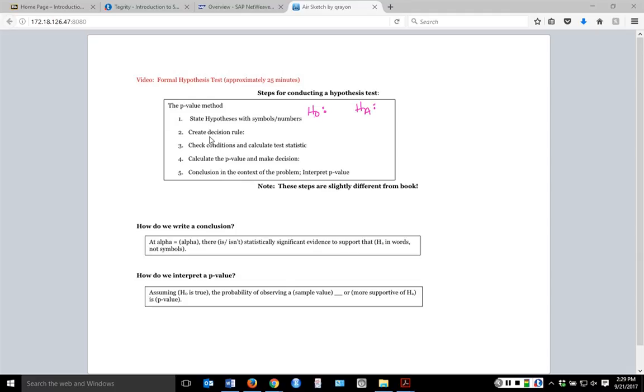Well, we're not going to initially always do it that way. This decision rule is going to be more based upon a probability. So this decision rule is going to be to reject the null hypothesis, or basically, we're not going to believe the null hypothesis anymore, and instead, we're going to believe the alternative hypothesis, if our p-value, that probability that we're calculating, remember we talked about these terms in class, is less than alpha, which is our new symbol, that significance level.